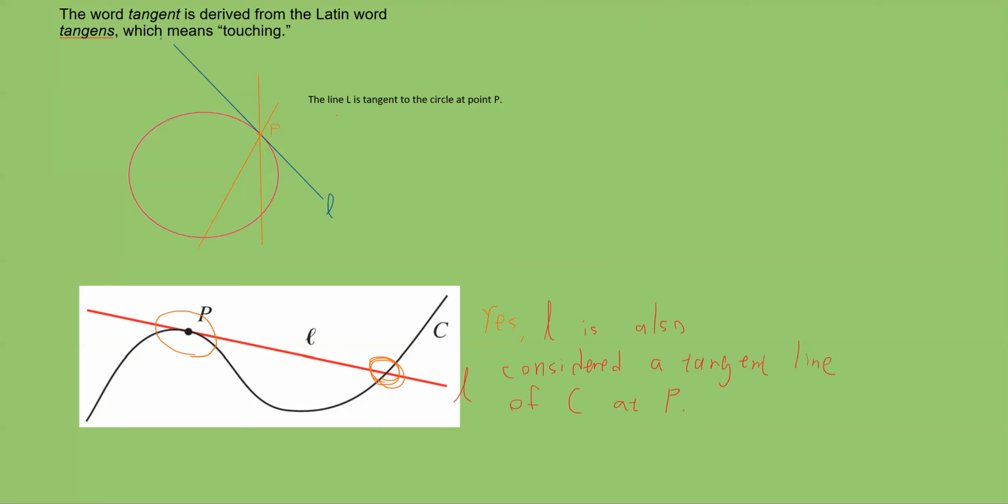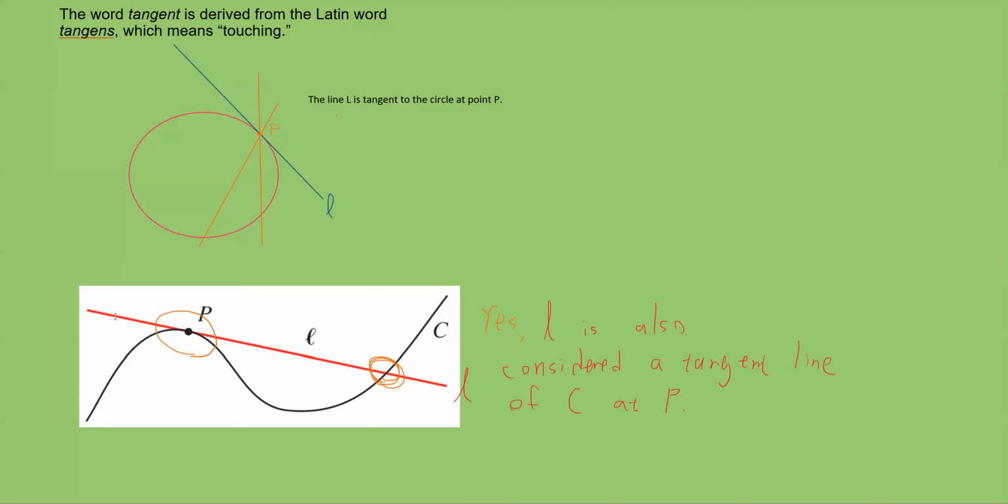Now, this might raise some questions. Why, in the previous example with the circle, can't we use the orange line as a tangent line? But in this case, the red line can be a tangent line while it crosses multiple points of the curve. So the idea is that we want the red line to be only touching point P in this neighborhood, to the left or to the right of curve C. Only about this disk region is the red line the only line crossing curve C at that point.